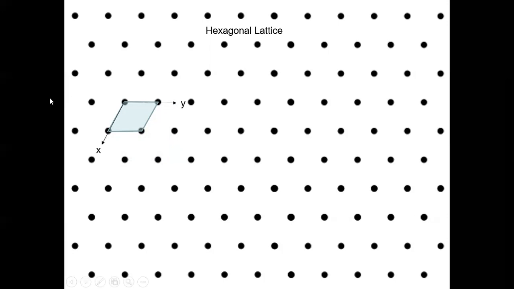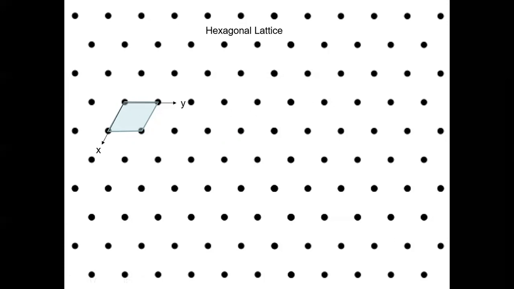We define the x-axis as being in this orientation, the y-axis, which is in this orientation. Because they're equivalent by symmetry, we can call this one x1 and this one x2. And because of that symmetry, there's actually a 3rd crystallographic axis perpendicular to the z-axis.